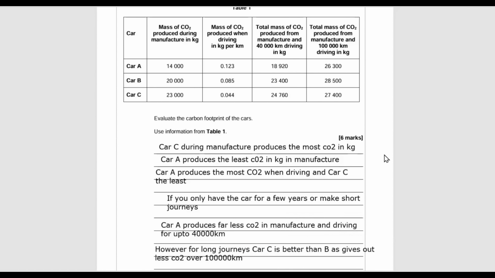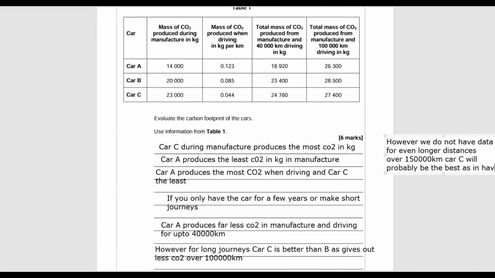And what I would say about the evaluation is, however, we do not have data for even longer distances. Over 150,000 kilometers, car C will probably be the best, as in have the lowest carbon footprint.